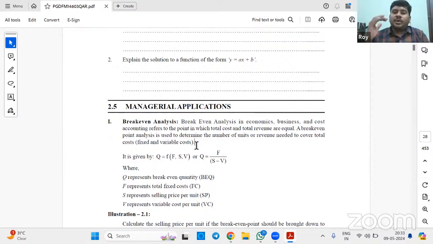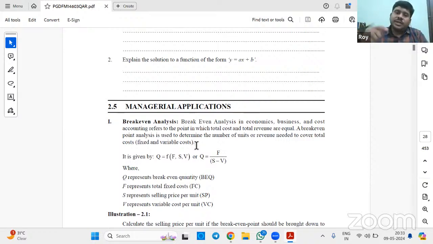At what point? What is break-even analysis? That point where our expenditure will meet at how many products. Let us say I'm producing some 1 lakh products; I'm just telling what the break-even point is, how many products we need to produce in order to get our revenue back.